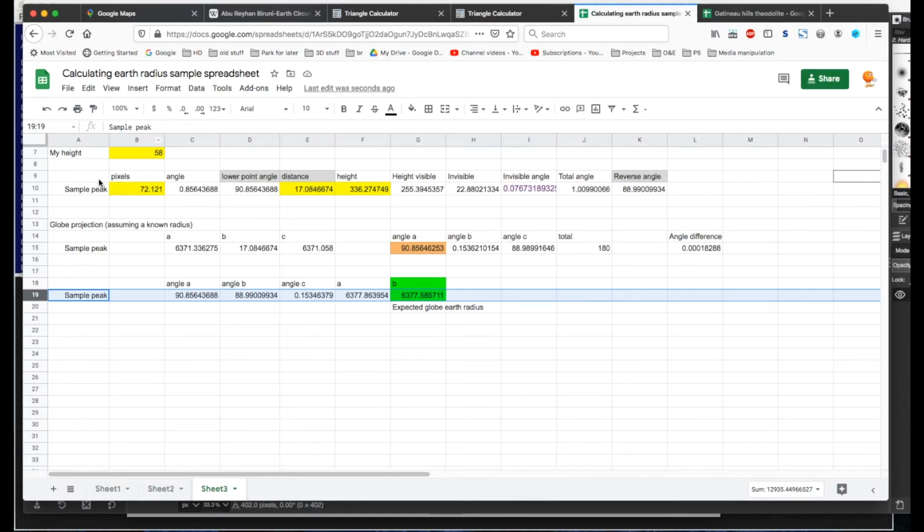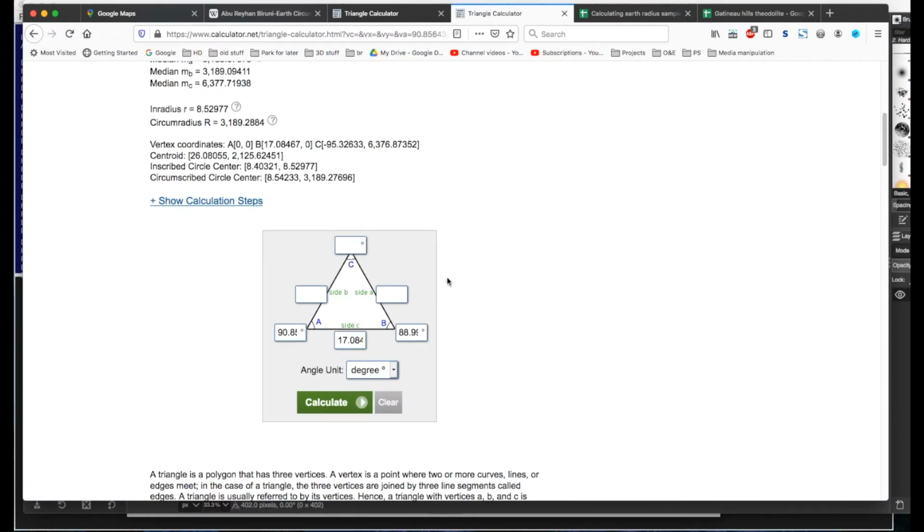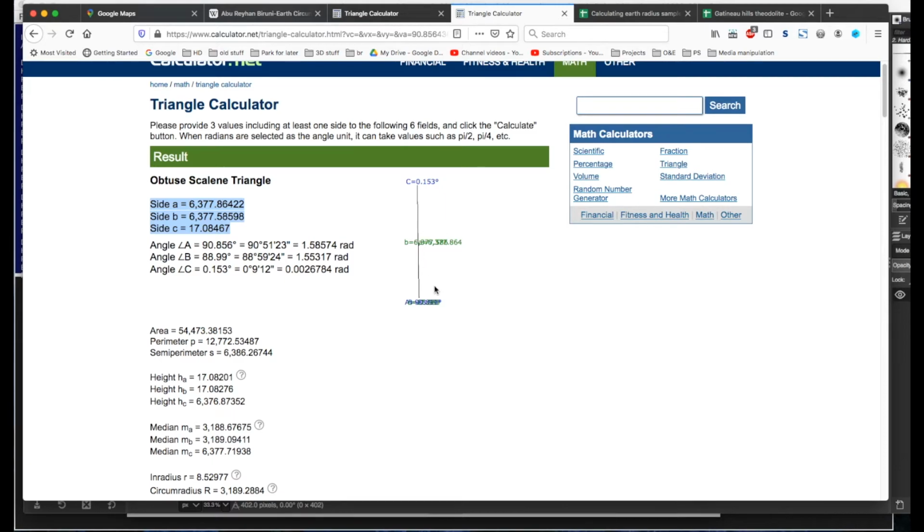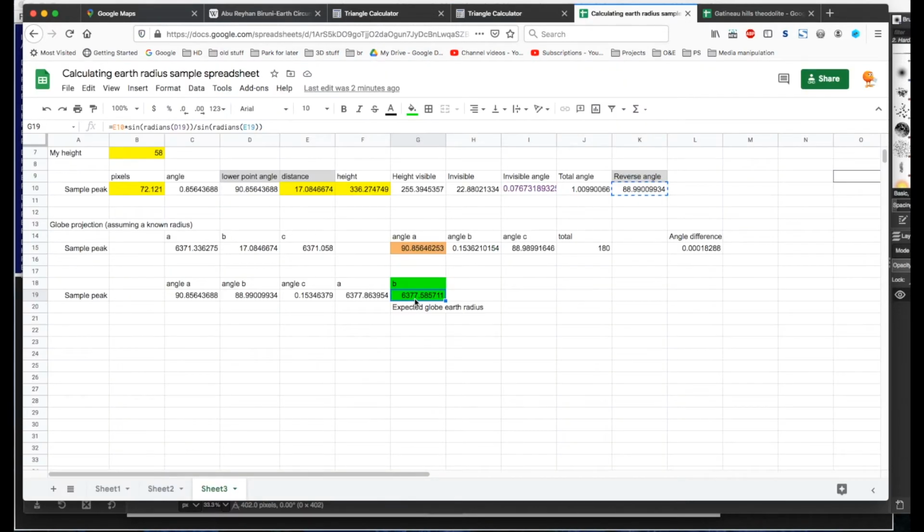And let's say, for example, in this case, I had measured 72.121 pixels and got these values here. I took these three values and I applied them in this triangle calculator this way. So in this case, I'm looking up to this mountain peak. I know what the distance is, and this is the mountain peak angle looking back to me. This is how it would have calculated the Earth's radius. Then this cell would be the expected globe Earth radius.